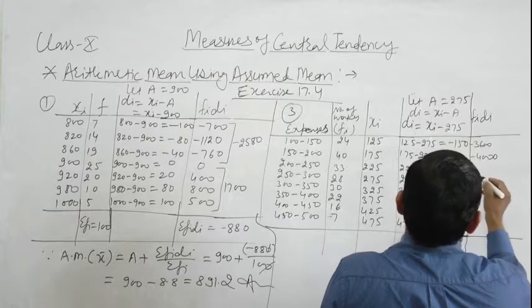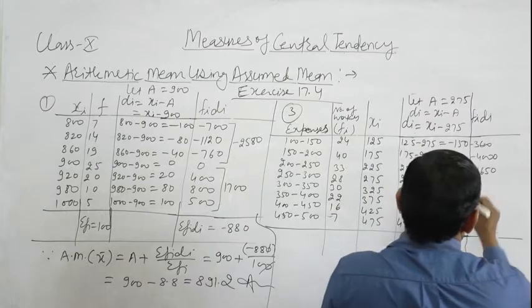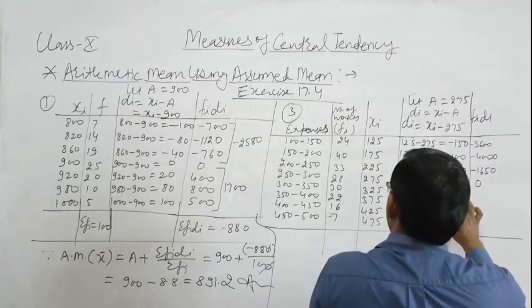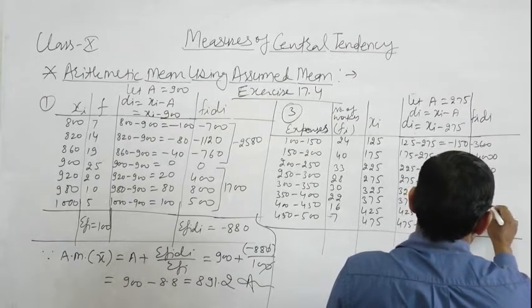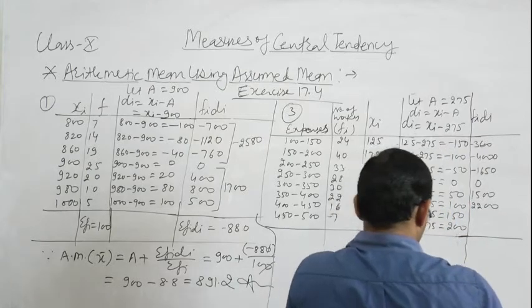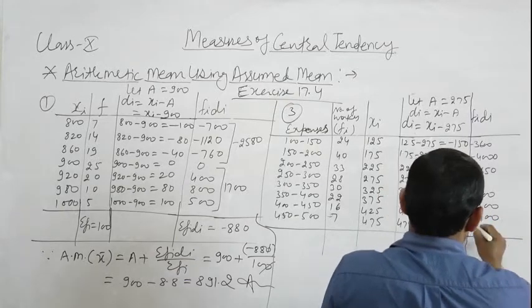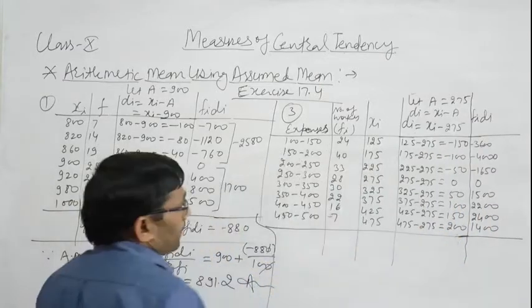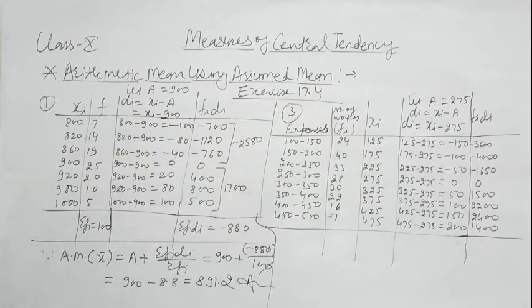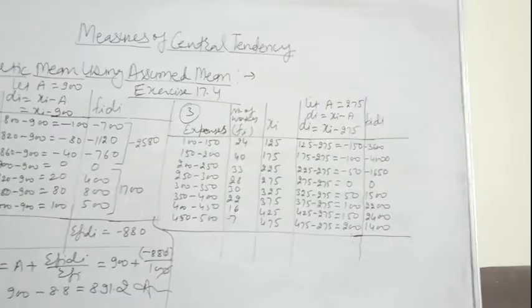Then 50 multiplied by minus 50 is minus 2500, and 0. 28 multiplied by 0 is 0. Then 50 multiplied by 30 is 1500. 100 multiplied by 22 is 2200. 150 multiplied by 16 is 2400. Then 1400. So these are the values of fi and di.